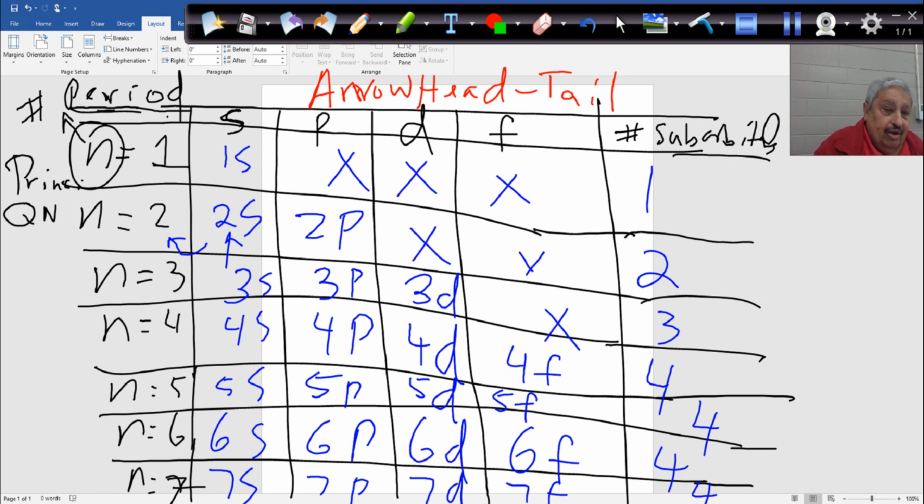So I will go with the arrow here, maybe another color. Yeah, red is a good one. So this is the arrow, correct? I make the arrows here.